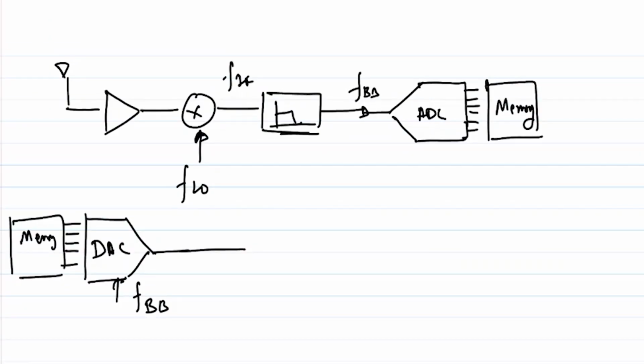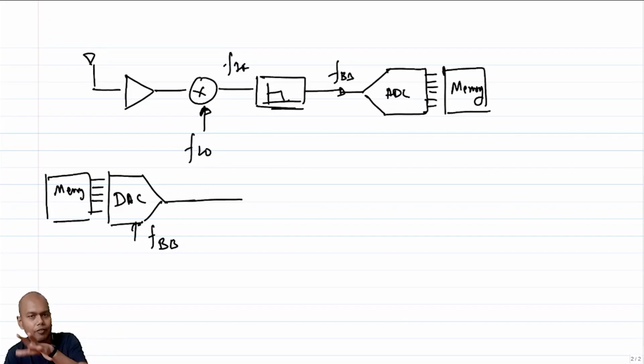In other words, you have a sample and held waveform that generally comes out, so you end up with a staircase-like waveform at the output of the DAC. Depending upon the type of DAC, you have different types of waveforms. You might want to filter the DAC output, or you might not, depending upon what type of blocks follow the DAC.